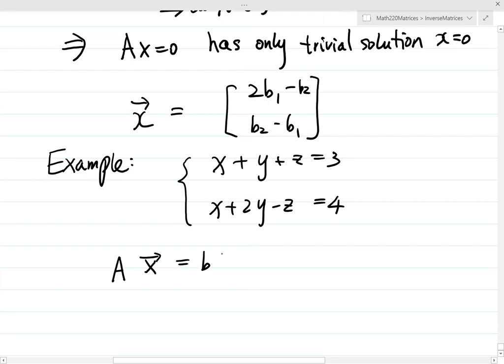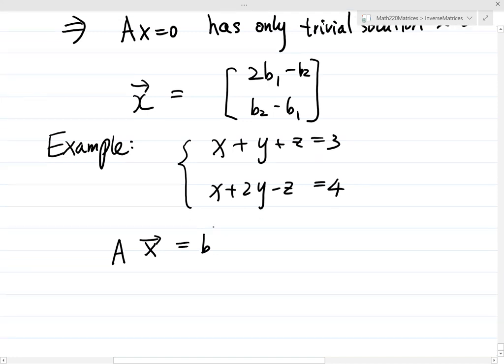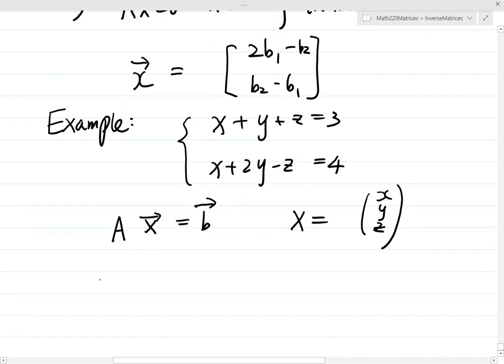Here we have 3 variables, x is x, y, z. Then A is the coefficient matrix. The second equation has x, 2y, negative z, so we get 1, 2, negative 1.